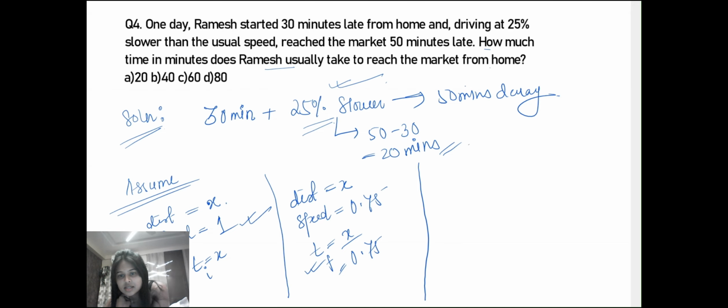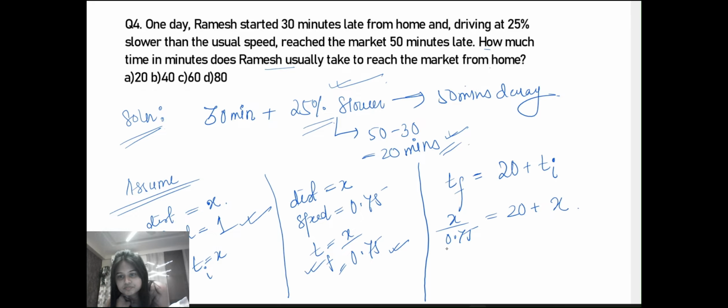Now since he is 20 minutes late, can we say that the final time he took is 20 minutes more than the initial time, the usual time he takes? So from this, if we substitute, x by 0.75 equals 20 plus x.